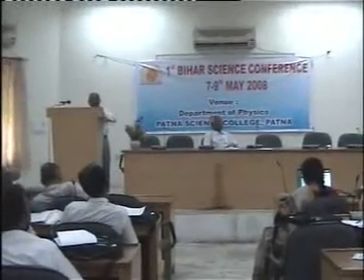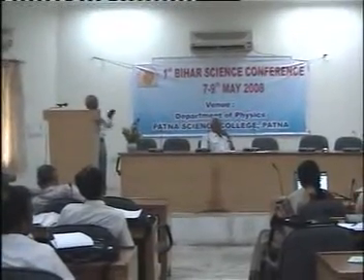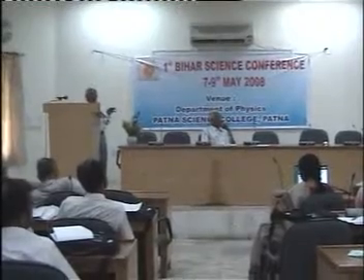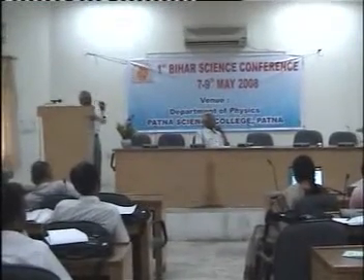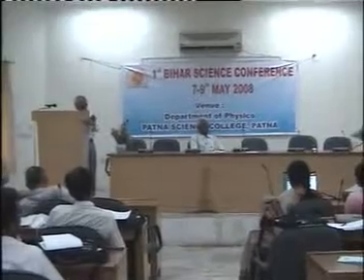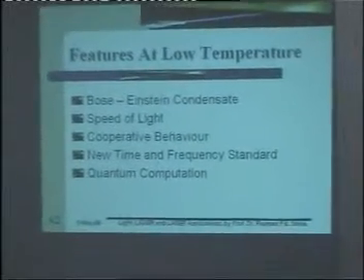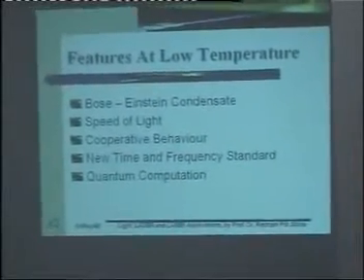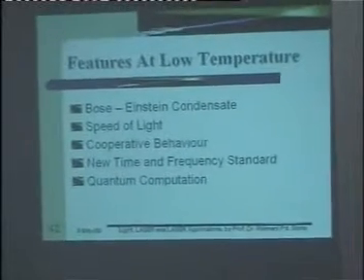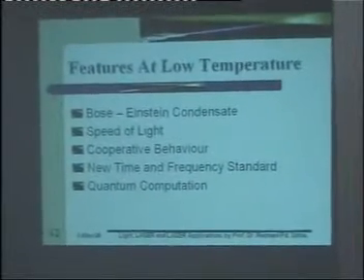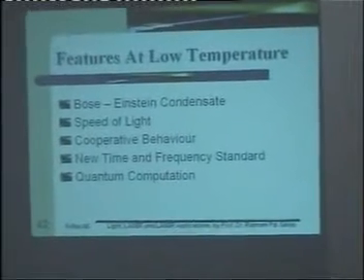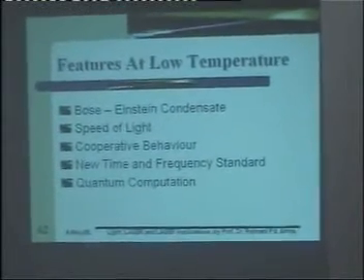In this case there is no Doppler broadening, so energy levels will be very sharp, and so the frequency of absorption will be very sharp. And so time standard is thus obtained. And this is nowadays the latest acceptable value.